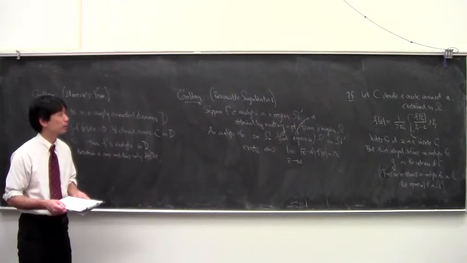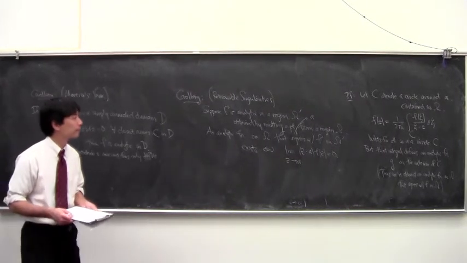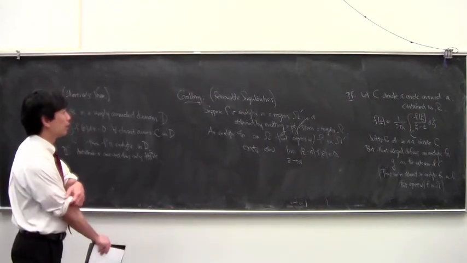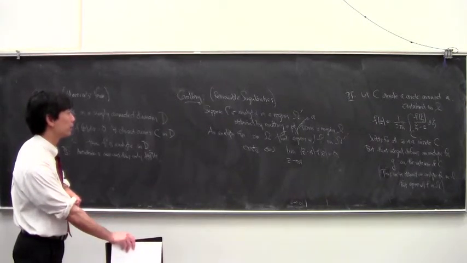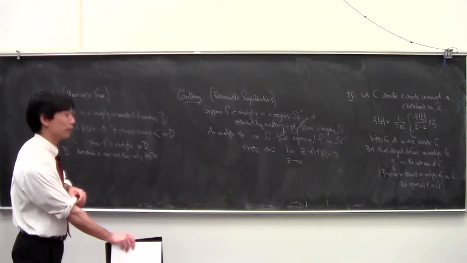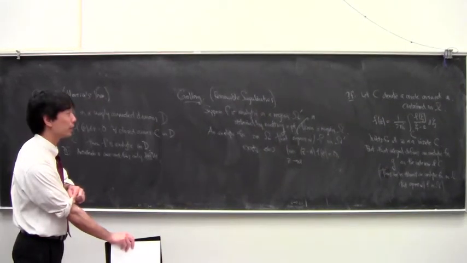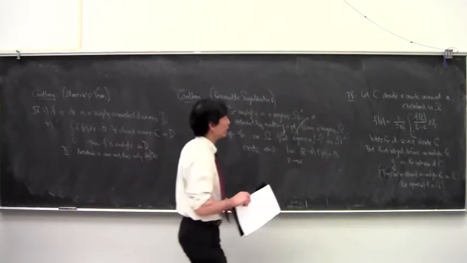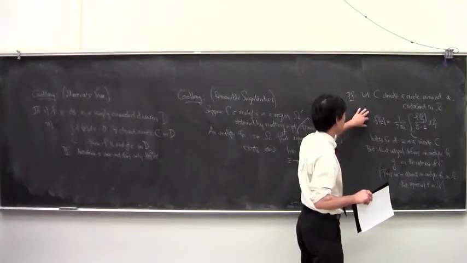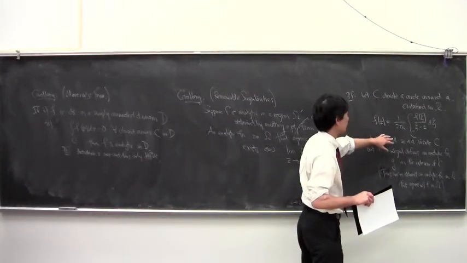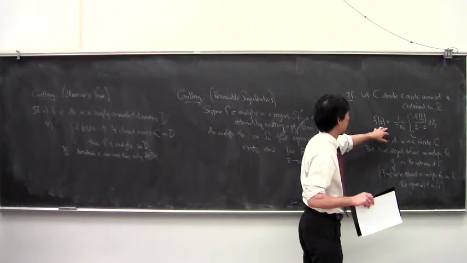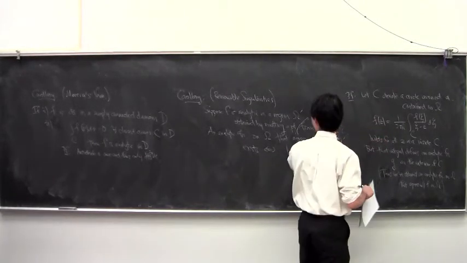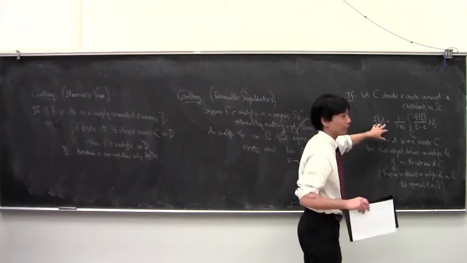Wait, but doesn't this hold only for z not equal to A? Then isn't G not analytic there too? G is analytic there. So the Cauchy integral formula holds for all z not equal to A, because f isn't defined at A. That's the only reason.